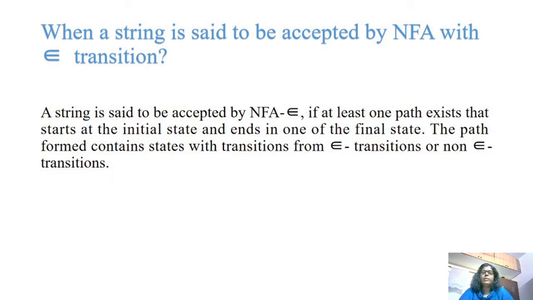So now the answer is, a string is said to be accepted by an NFA with epsilon transitions if at least one path exists that starts at the initial state and ends in one of the final states. The path formed contains states with epsilon transitions or non-epsilon transitions.